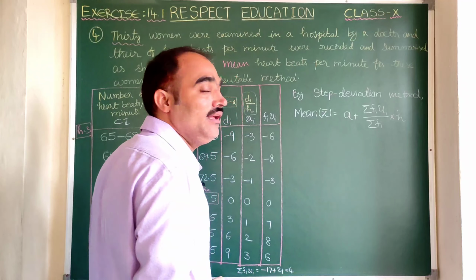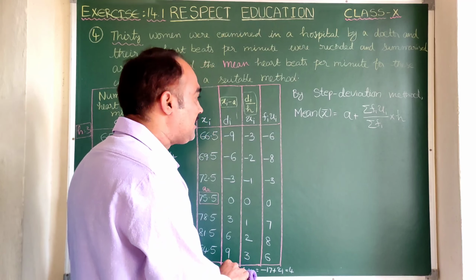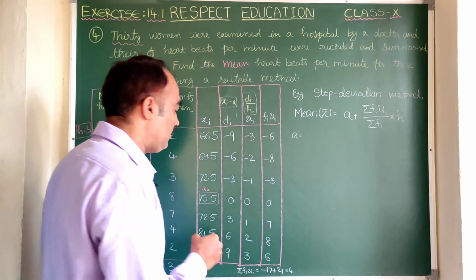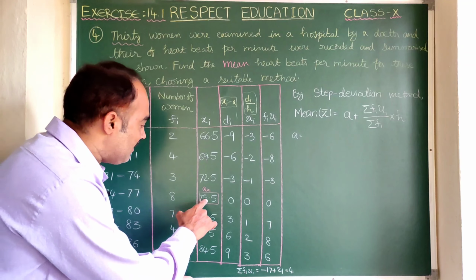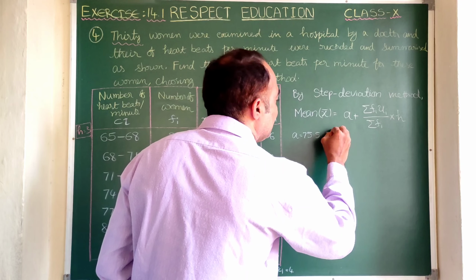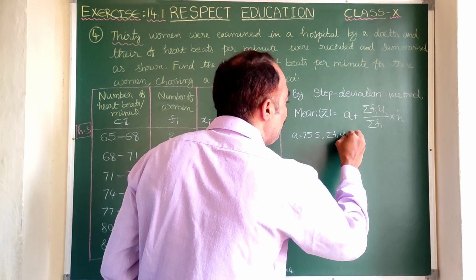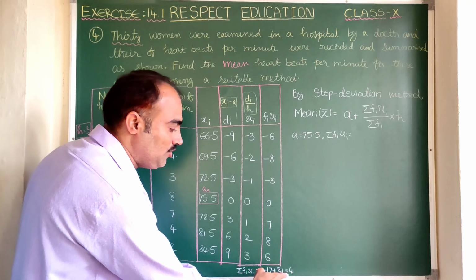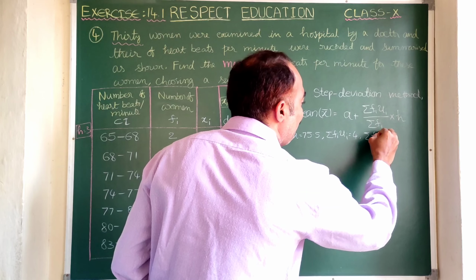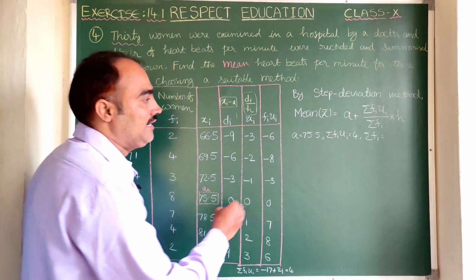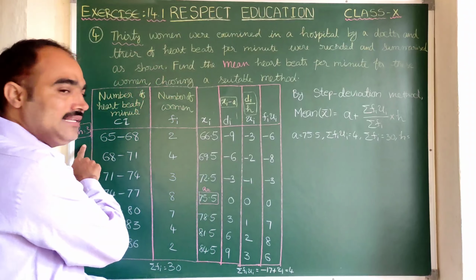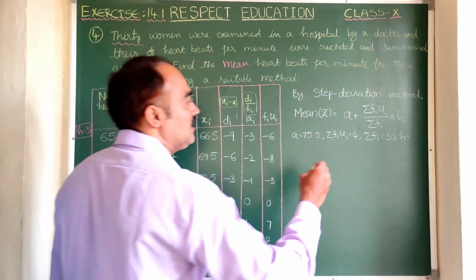This is the formula in the step deviation method. So let us write all the values now. Tell me what is a. From the table you can say a is 75.5. Sigma fi into ui is 4. And sigma fi is 30. And finally h is equal to 3.